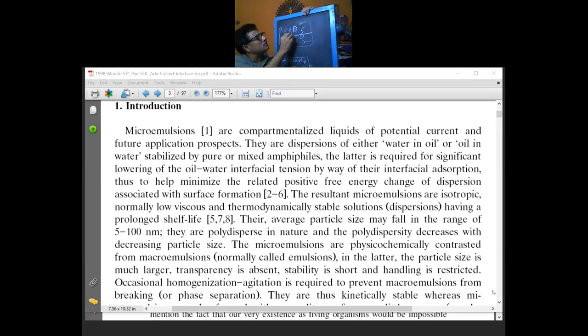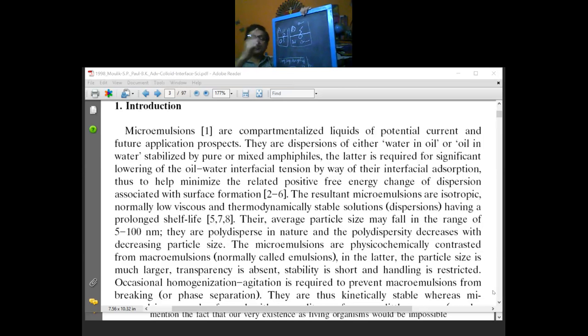As a result, here I won't call it surface, rather I will call it interface. The interfacial tension is reduced. If the surface tension is reduced, then obviously the surface energy would be minimized.